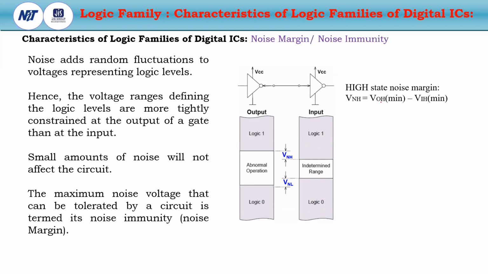That means output high minimum minus input high minimum is called the high state noise margin. For the low state noise margin, this level is VIL maximum and this level is VOL maximum. So the noise margin will be the minimum of VNH or VNL. Whichever is minimum will be the noise margin. Okay, these two equations are very important.